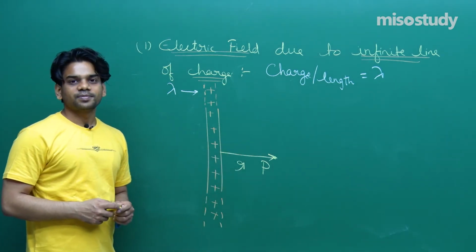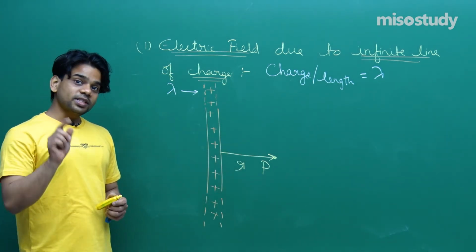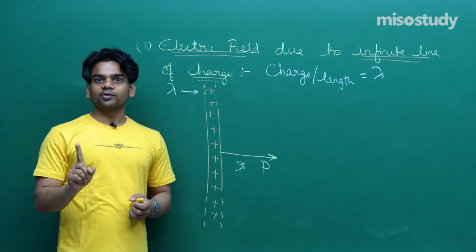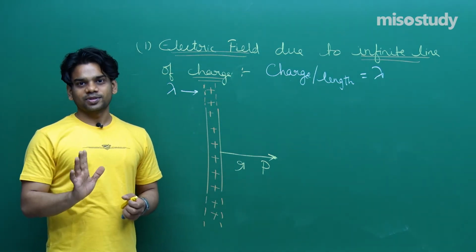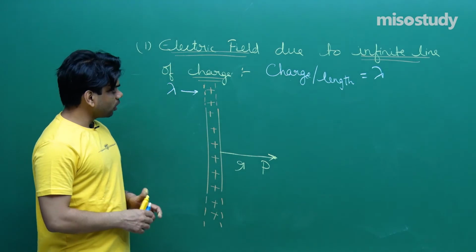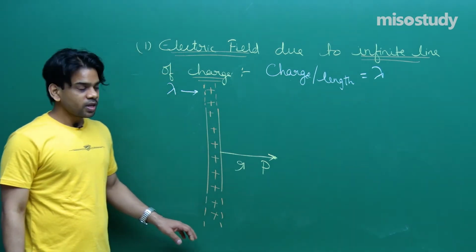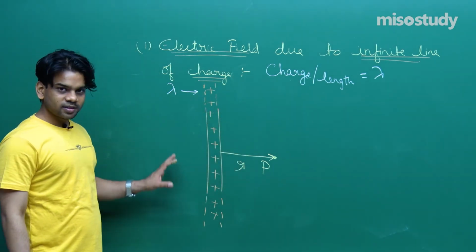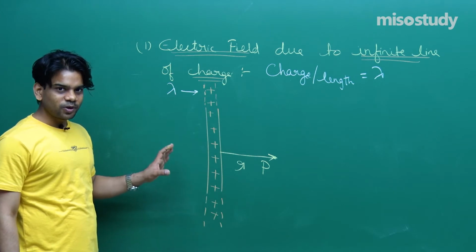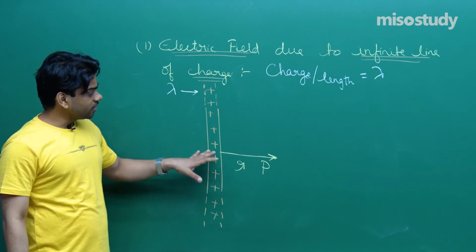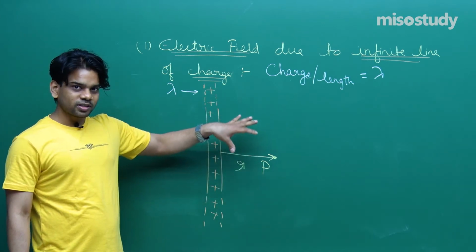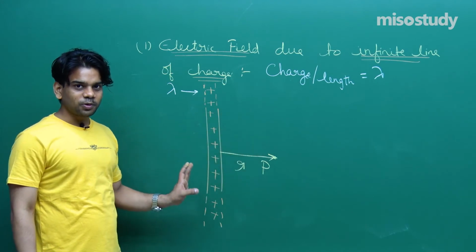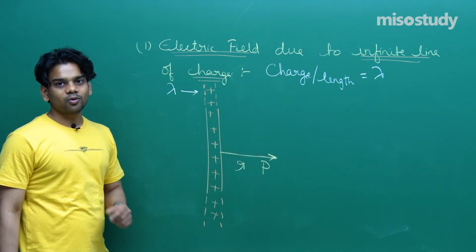Now I told you the first step should be to draw a Gaussian surface which encloses the charges. So think about what kind of Gaussian surface you can draw. If you draw a sphere, it will be a problem for us. That will not be uniform, because every point on the periphery of the sphere will not be uniformly located compared to the wire.